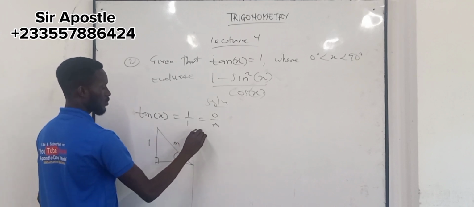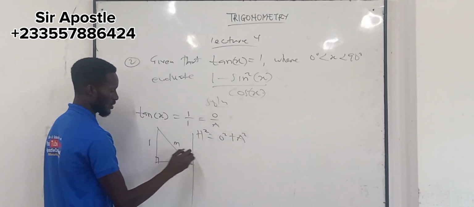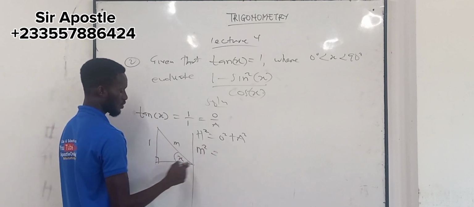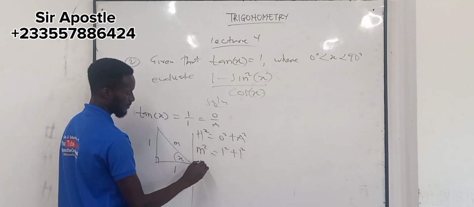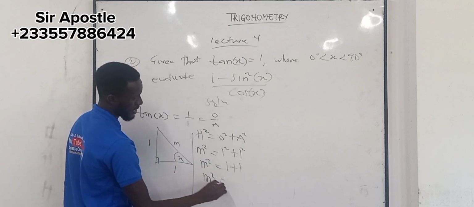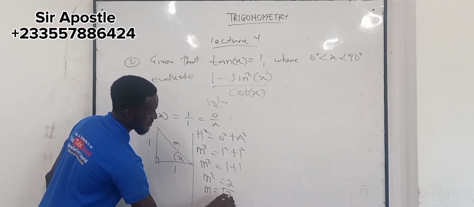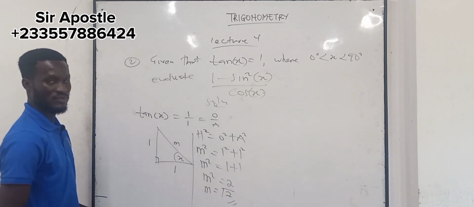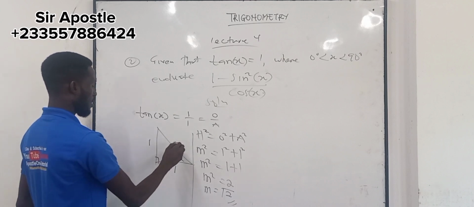So hypotenuse square is equal to opposite square plus adjacent square. Hypotenuse is m, so m square is equal to 1 square plus 1 square. 1 square is 1, 1 plus 1 is 2. So what will be m? Our m is the same as root of 2. So this is our root 2.